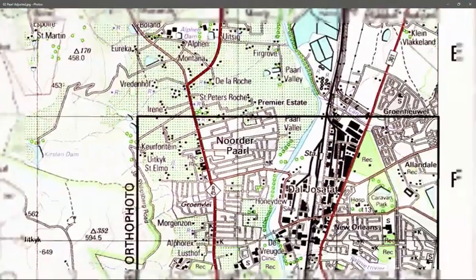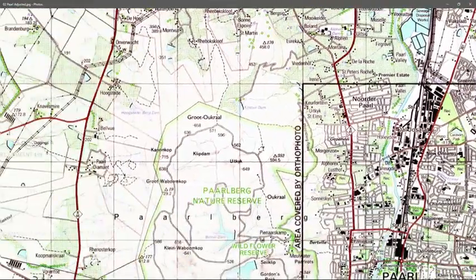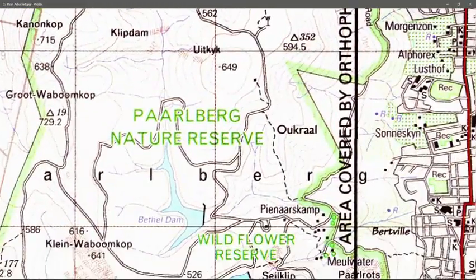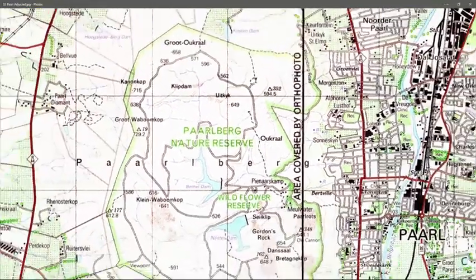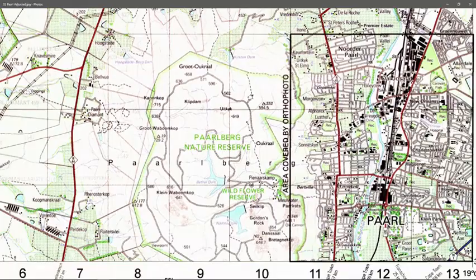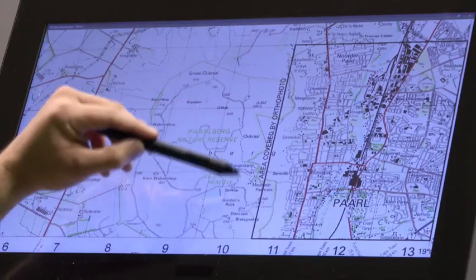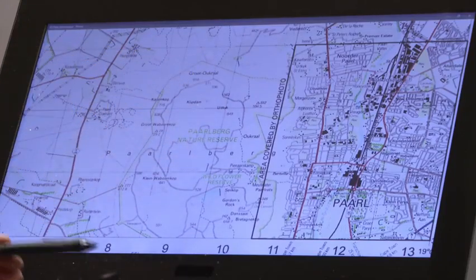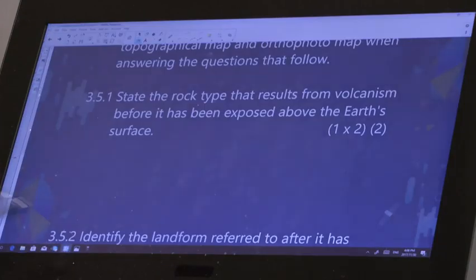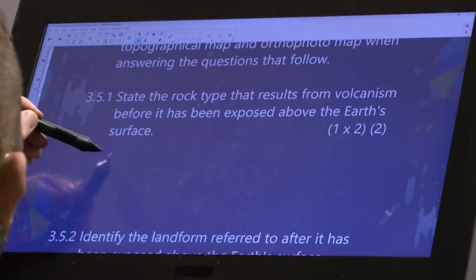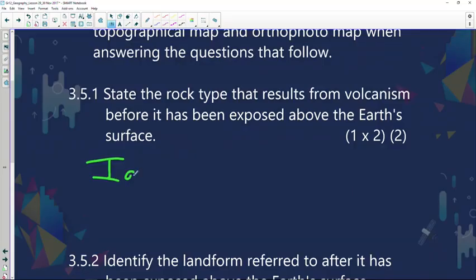There's the massive Paarl rock on the left hand side over here. This whole area over there, you can see it. Now the question that was asked, state the rock type: definitely igneous or granite.